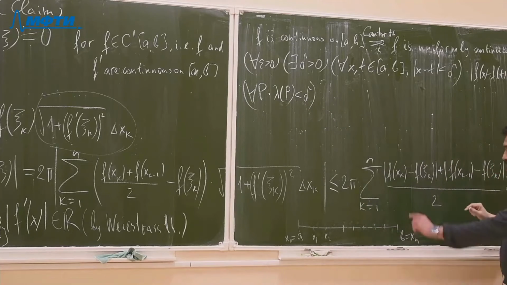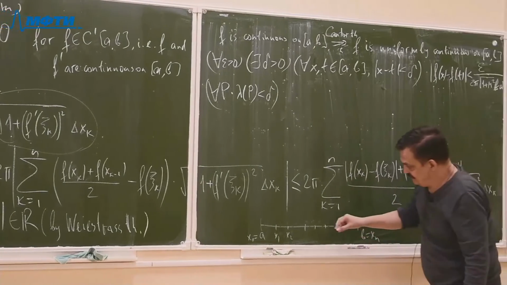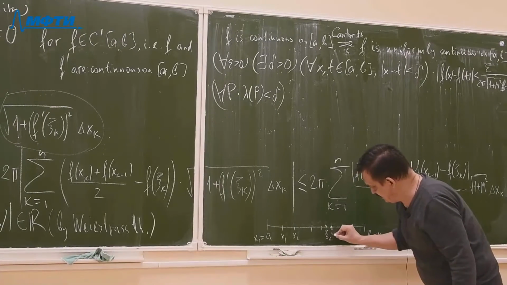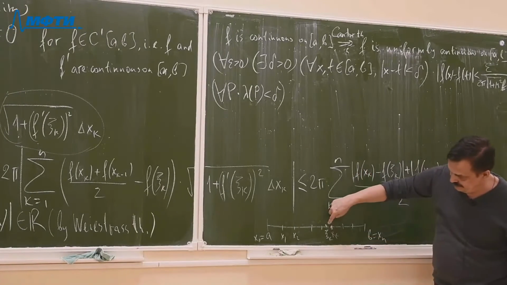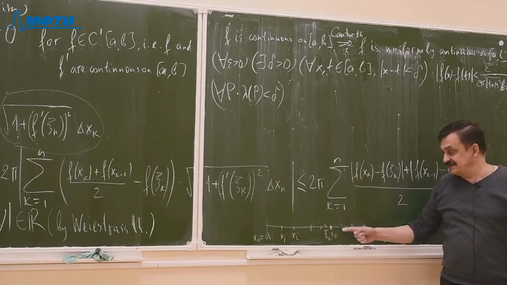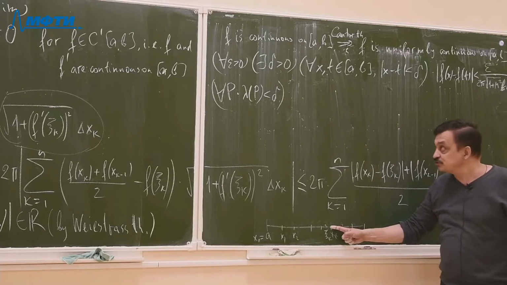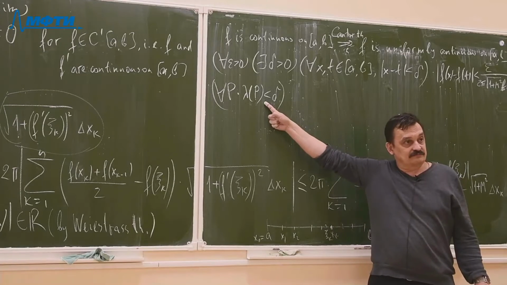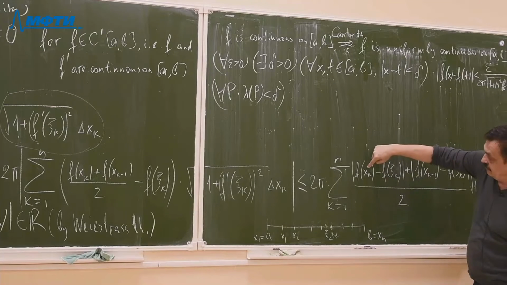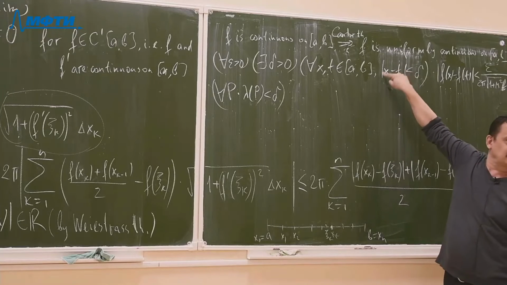Now, look, both points xk and psi k lie on the same interval, right? So it means the distance between psi k and xk is for sure less than delta, and we may take xk and psi k as x and t here.